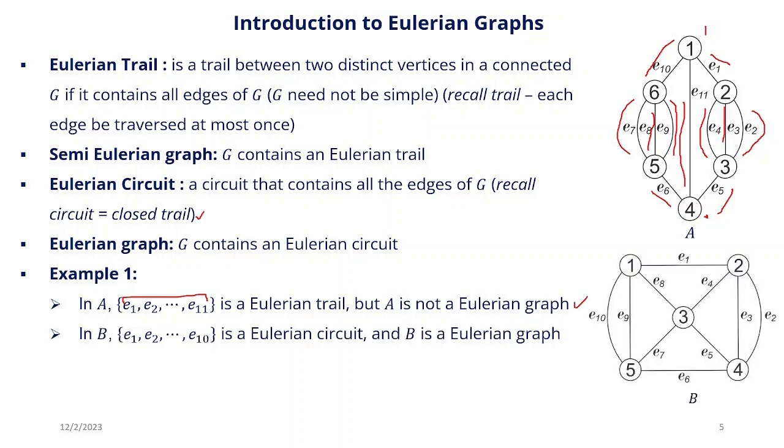Another example, the graph we have here, graph B, is an Eulerian circuit, and B is an Eulerian graph. That is, we can traverse these edges to show that it is an Eulerian graph.